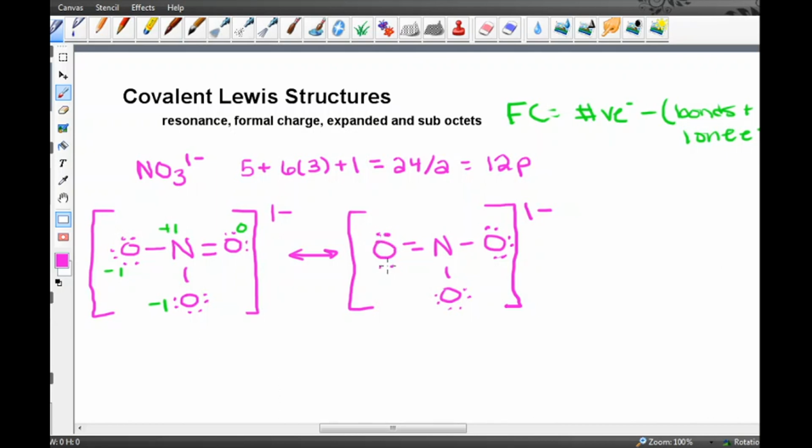How do I know that? Well, if I look at this molecule underneath a microscope, I would see 3 equivalent bond lengths. I would not see 2 long singles and a double.